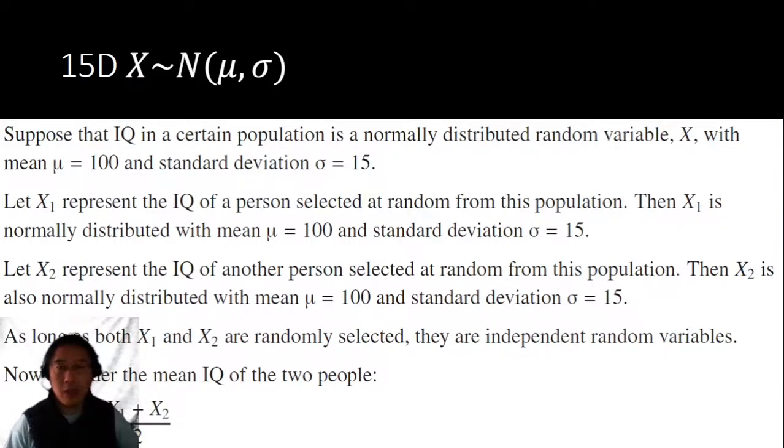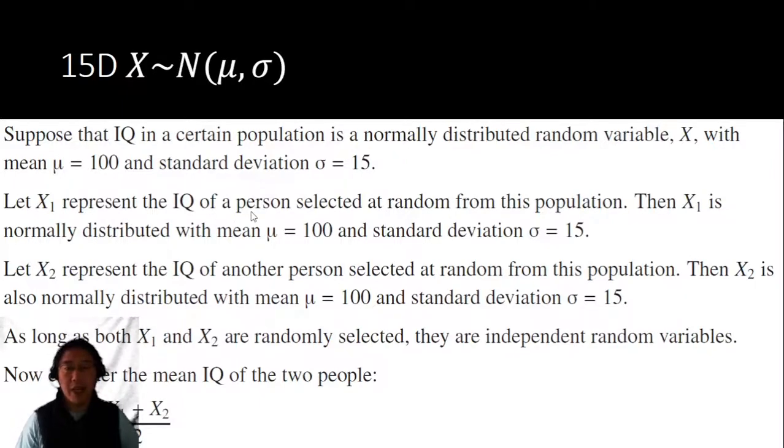So here we go. Let's start with, do you remember what we did before with a linear combination of two random variables? Now we're going to focus on a random variable that is normally distributed, with a mean of mu and an associated standard deviation. Let's respectively call them x1 and x2.